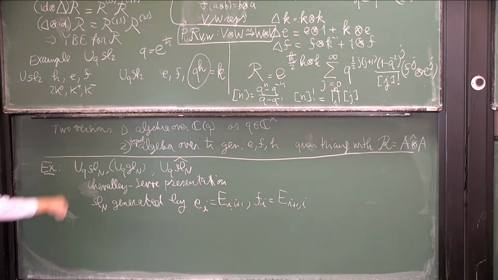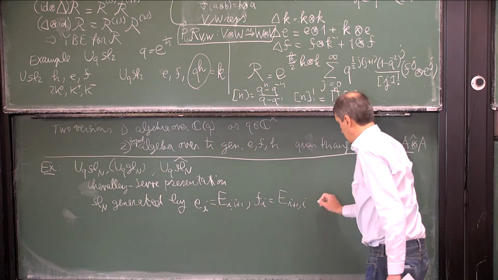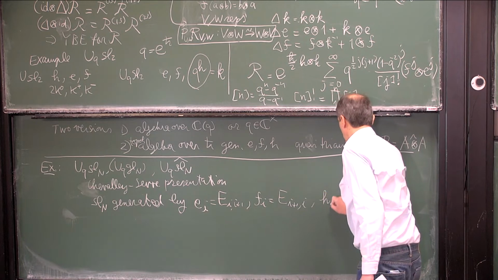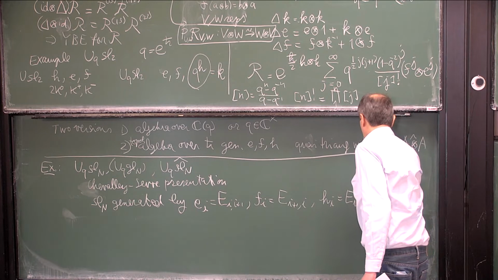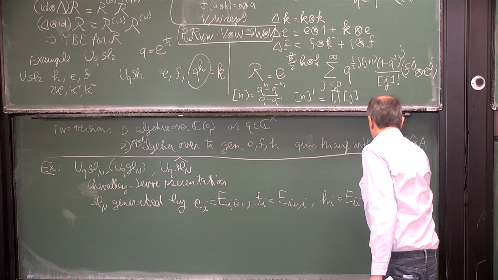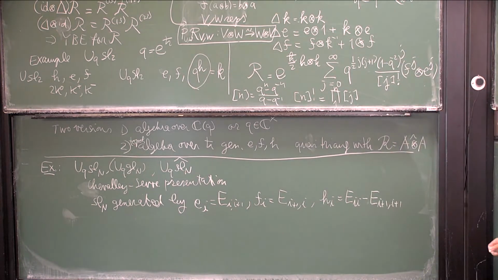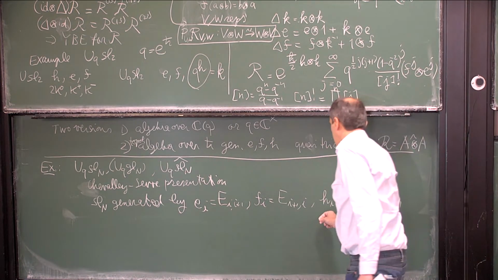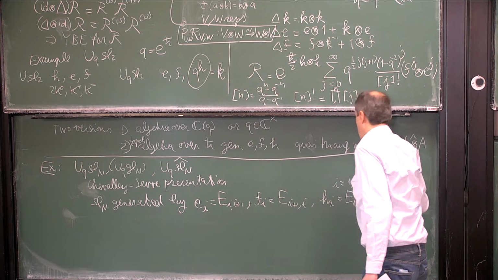In the SL_2 case, they are the ones that we have there. And it's useful also to have the h_i, their commutator, which is E_{ii} minus E_{i+1,i+1}, which is h in SL_2. And here i goes from 1 to n minus 1.